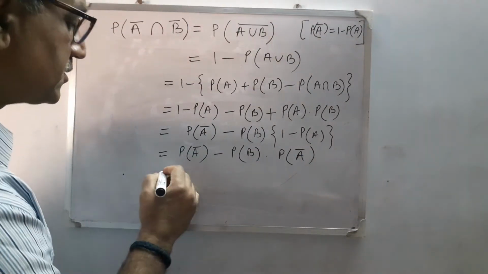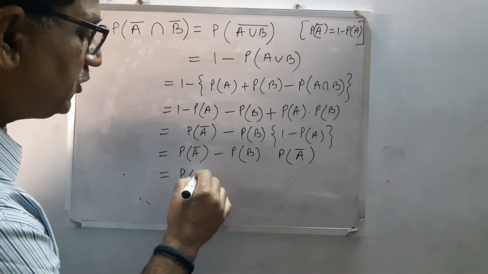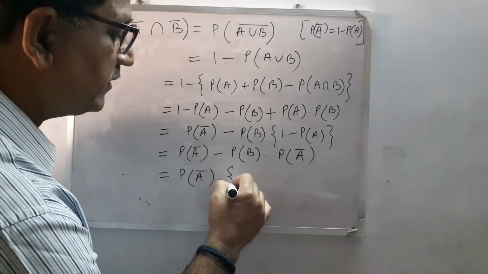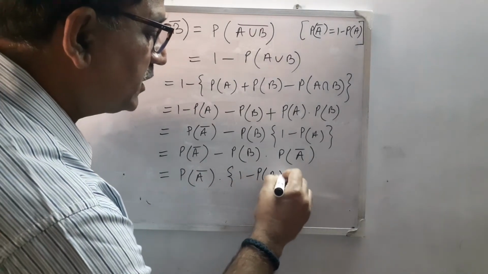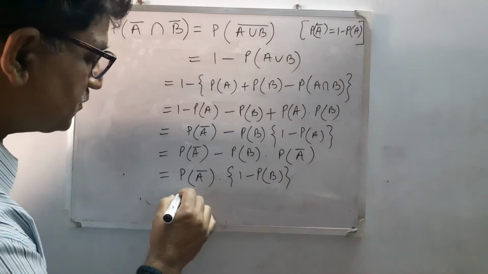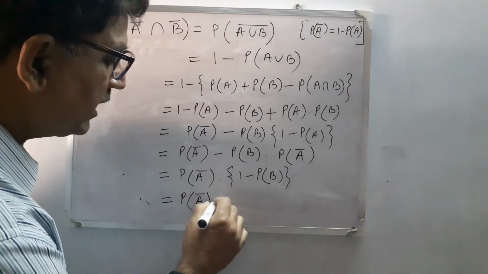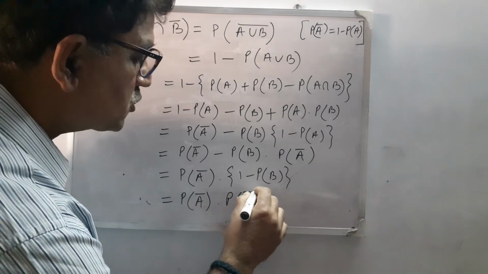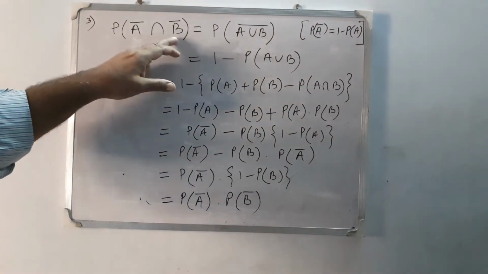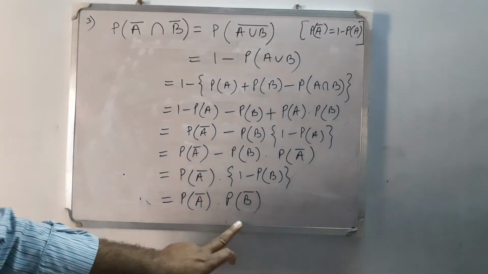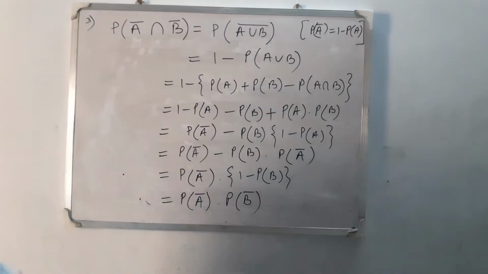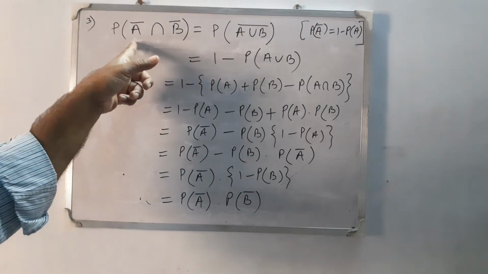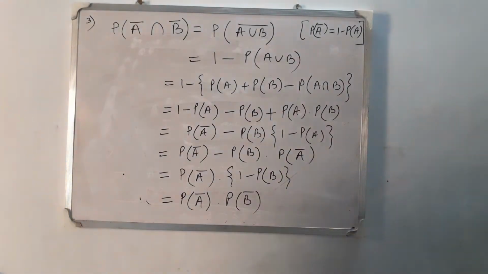So P(A bar) you can take common, and in the bracket you will get 1 minus P(B), and this 1 minus P(B) can be written as P(B bar). So P(A bar) into P(B bar). What do you observe? P(A bar ∩ B bar) becomes P(A bar) into P(B bar). So this says that A bar and B bar are also independent events.